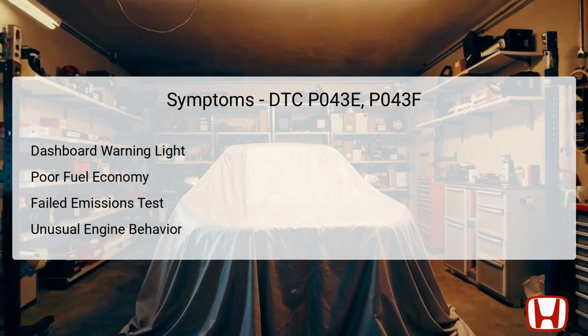Furthermore, a vehicle may fail its emissions test due to increased emissions stemming from these DTCs, leading to potential legal issues. Unusual engine behavior, such as rough idling or unexpected stalls, might occur if the engine is attempting to compensate for the EVAP system's failures. Recognizing these symptoms is crucial for diagnosing the issue and seeking timely repair.